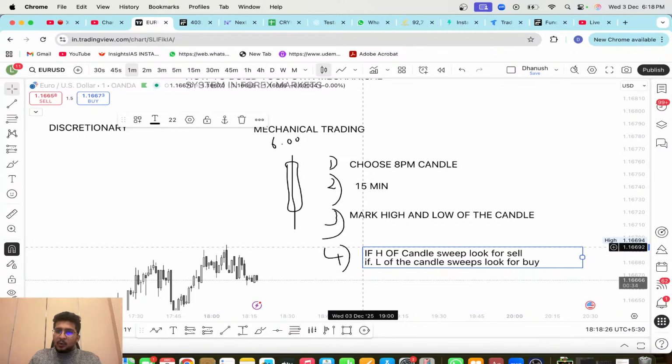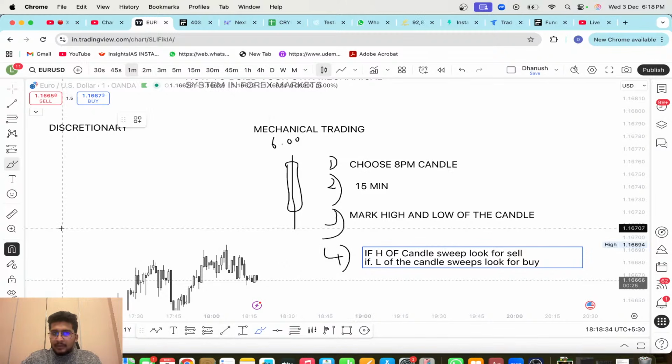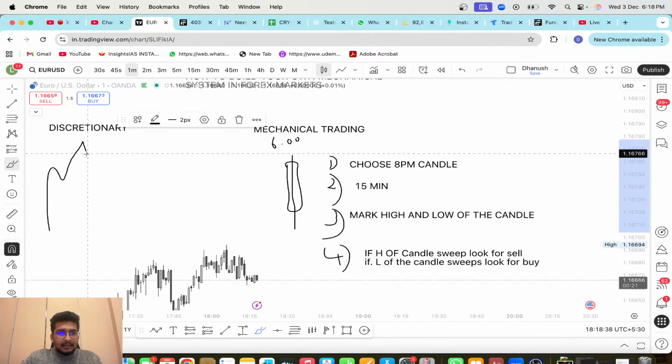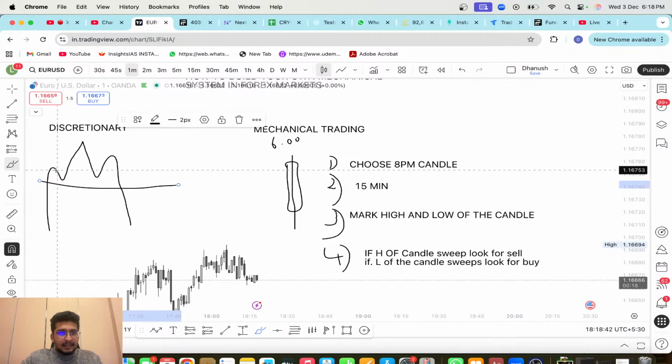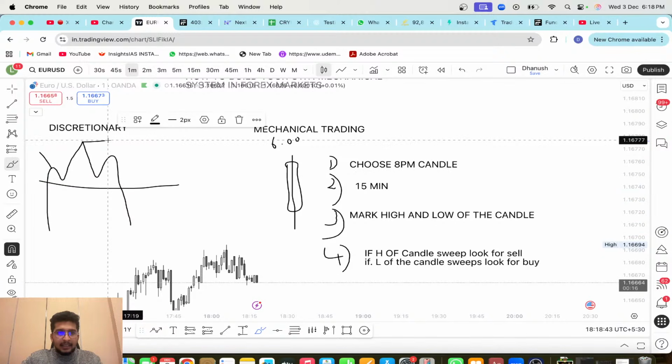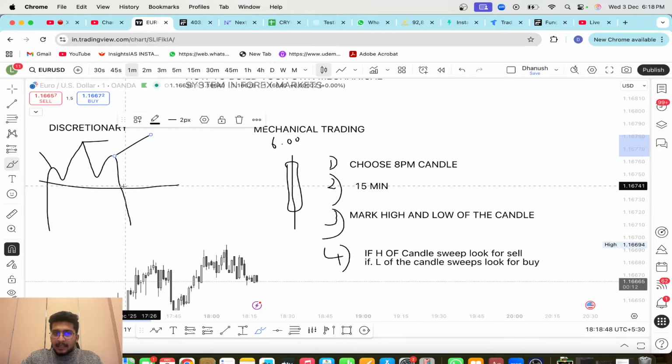So here only this we are going to follow. We are not going to do anything discretionary, in the sense, if you look for a trend line, let's look for some other patterns. Let's say if it is a head and shoulders pattern, okay, this is the left shoulder, this is the head, and this is going to be the right shoulder. So once the market breaks, we're going to enter here.